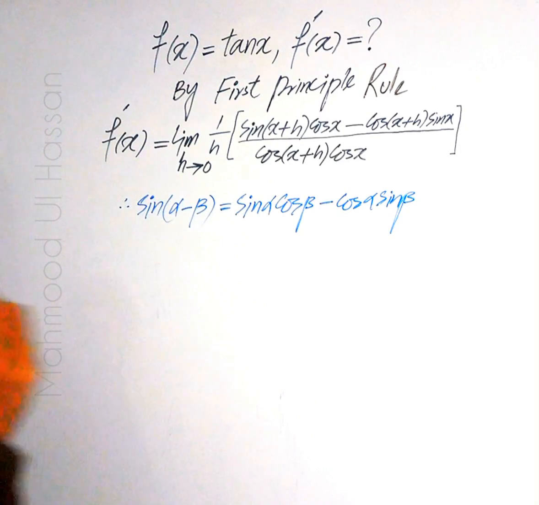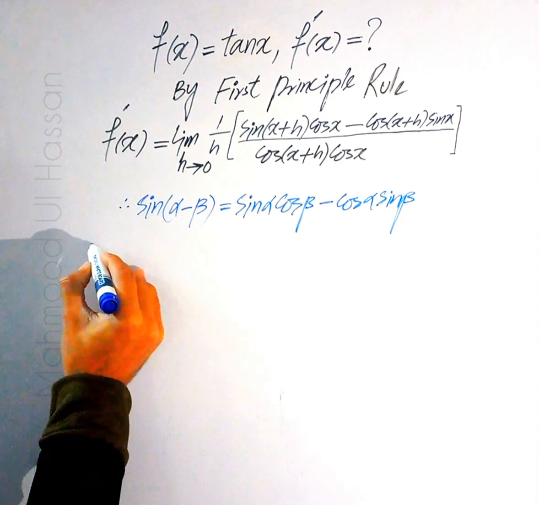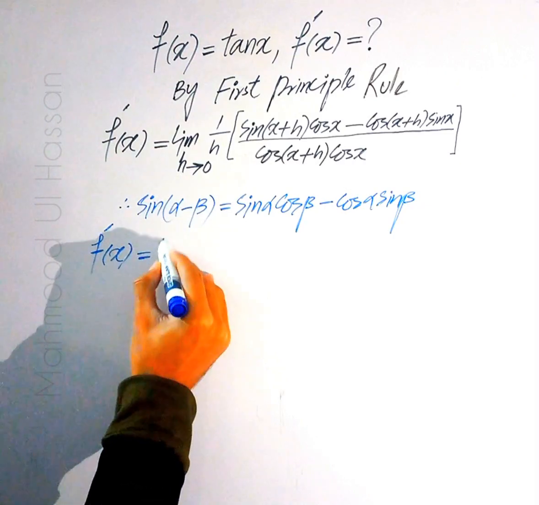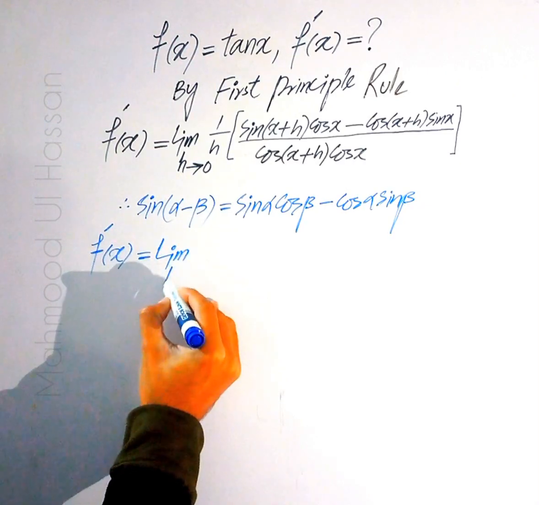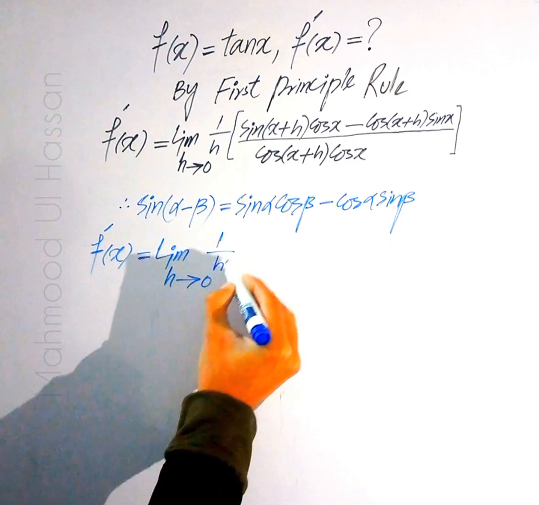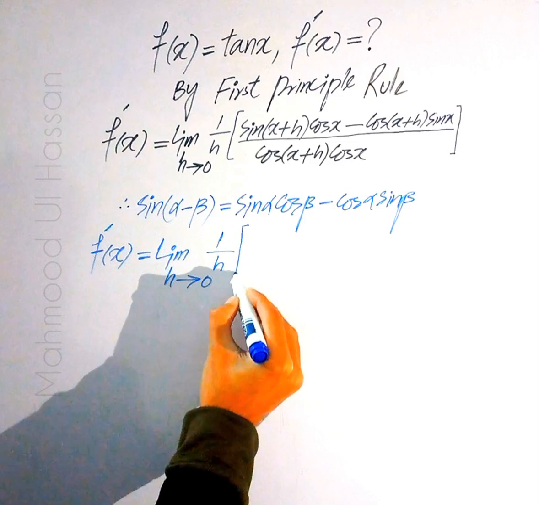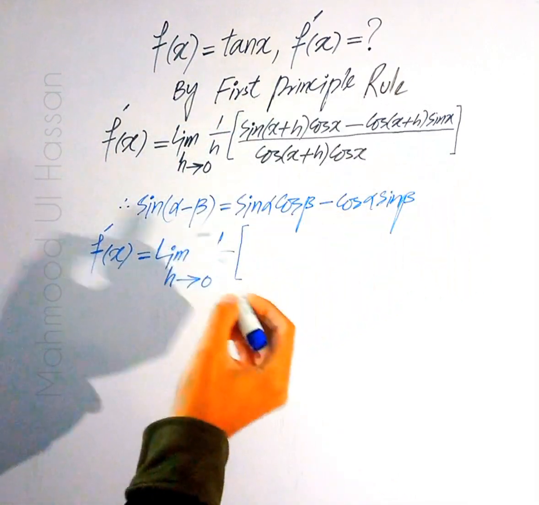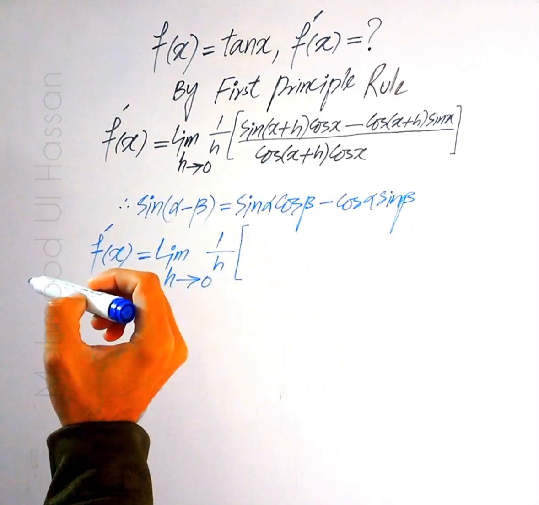Okay, so the above equation will be f prime of x equal to the limit as h approaches 0 of 1 upon h, and here in the numerator we will use this fundamental law.